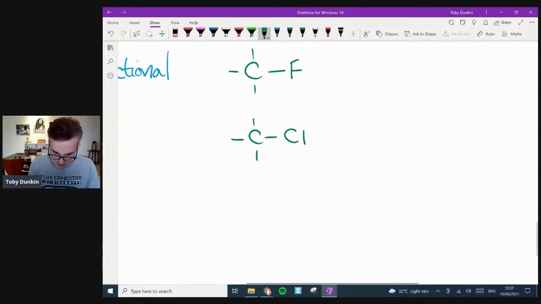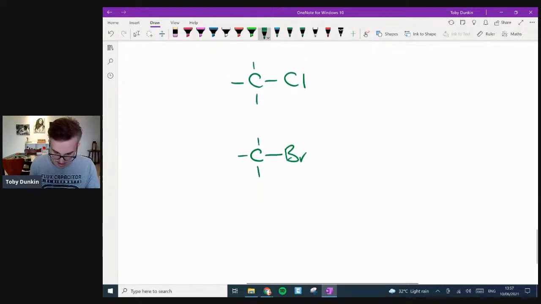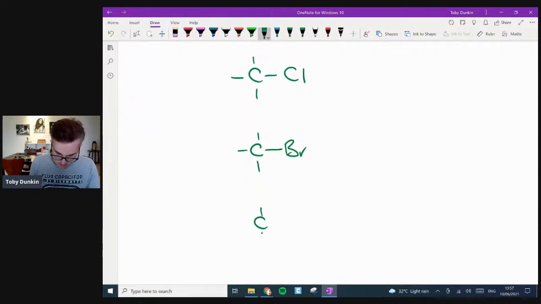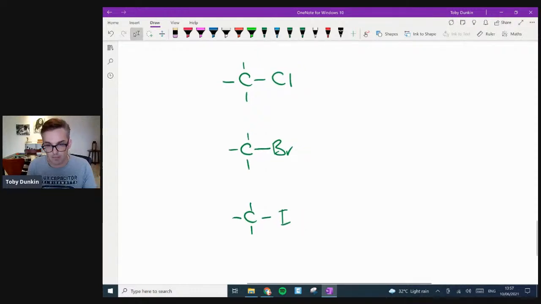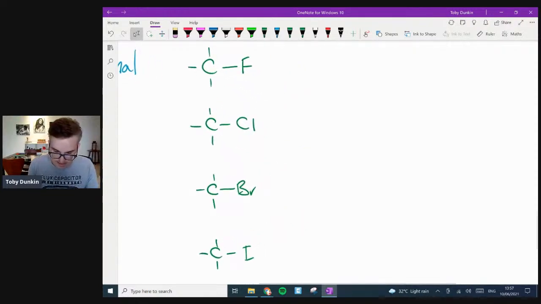I hope you understand why I'm giving it in this order, because I'm descending the group. A Br and an I. So all I want to do is give you what these are going to be in terms of the name. In this case, the F becomes fluoro.